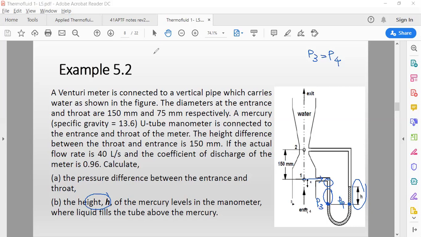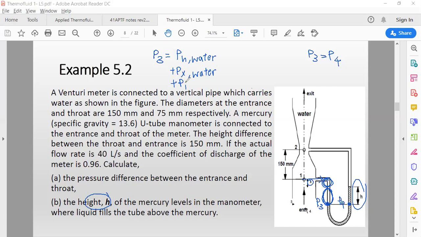Okay, so P3 here is equal to pH, which is this part. This is pH, water. Then the next part is here, the small one, which is X, so plus pX, also water. Then plus P1.